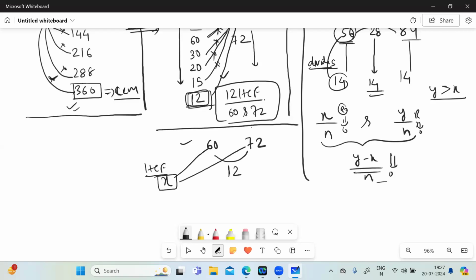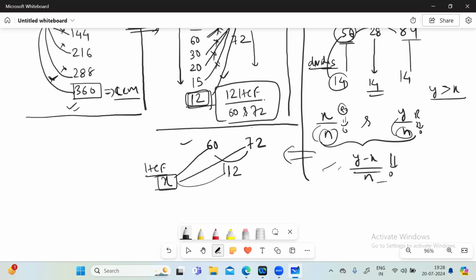I've already explained here: if a number n divides x, and the same number n divides y, then y minus x will also be divisible by n. So similarly, if there is an HCF x which divides 60, x will also divide 72 by the rule of HCF, and then by this division rule, x will also divide 12.